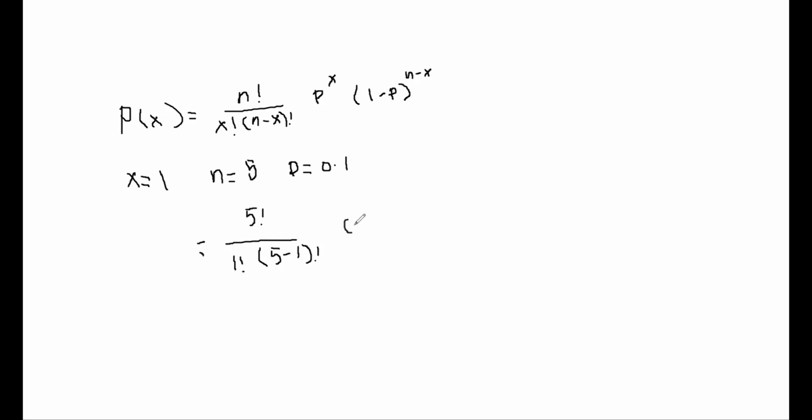Again, p is 0.1 to the power x, x is 1, so to the power 1, times 1 minus p, 1 minus 0.1, to the power n minus x, n is 5, x is 1, so 5 minus 1.